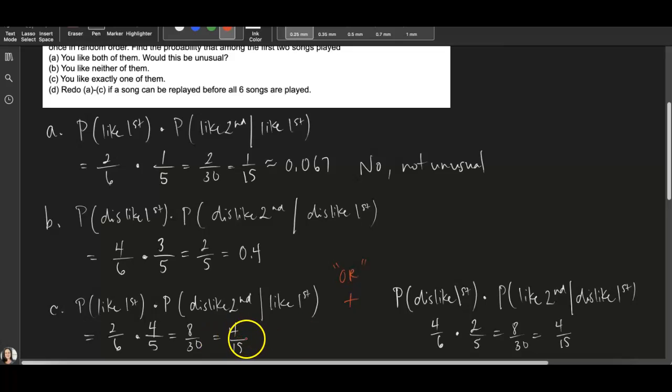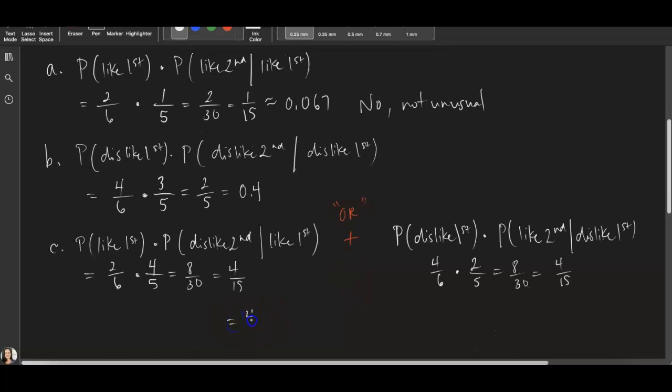So we're adding together 4/15 plus 4/15, and that should give us 8/15. Another way we could have thought of that is taking the first and multiplying it by 2.